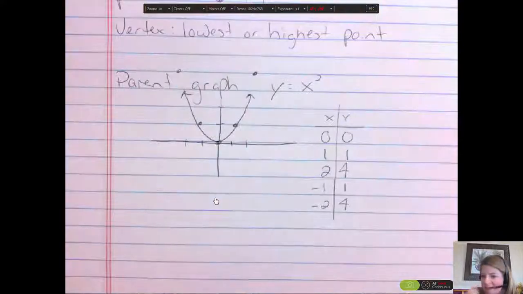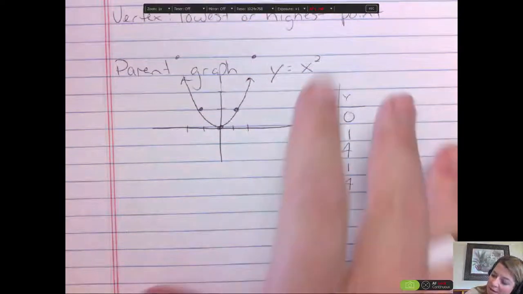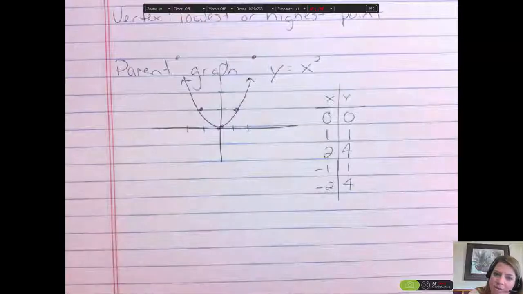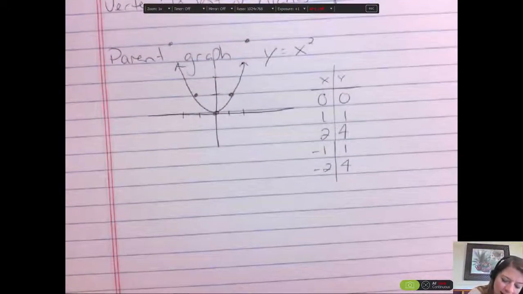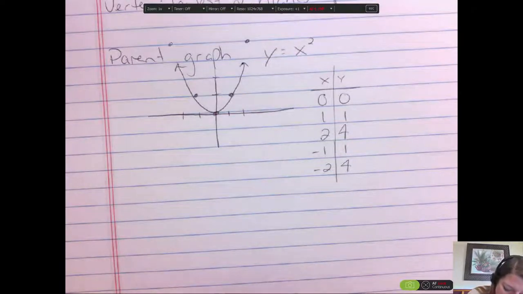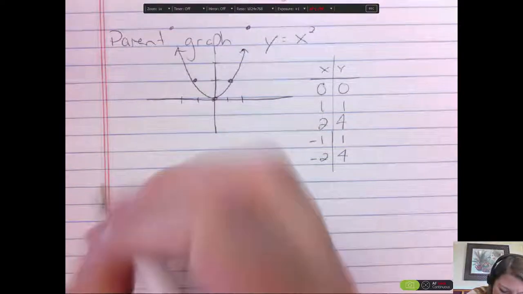You could easily use technology for a lot of these graphs as well, like downloading an app or using a graphing calculator. This is our parent graph, and everything we do to it is called a transformation, which changes it around. Different numbers will move this thing around.